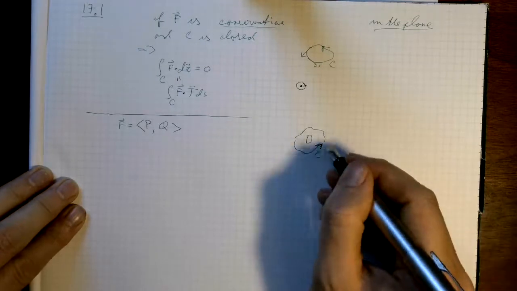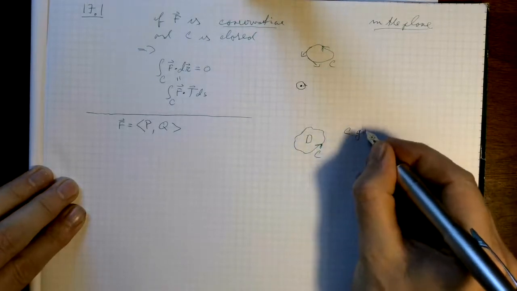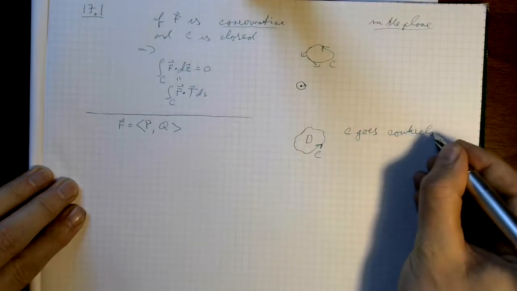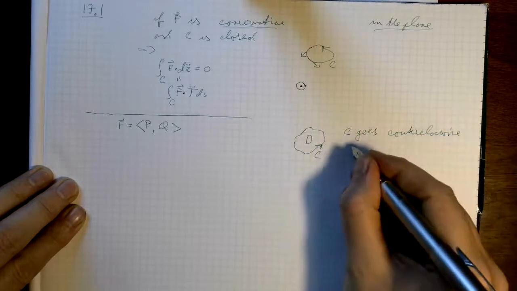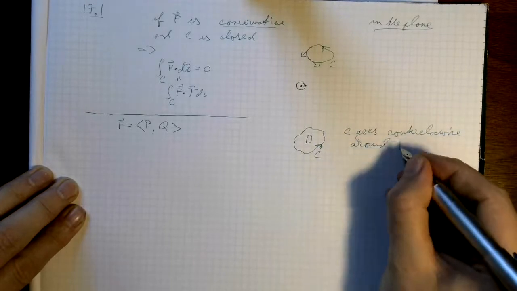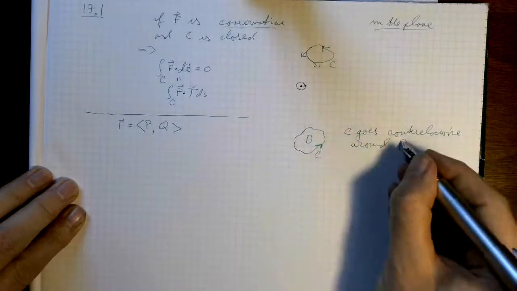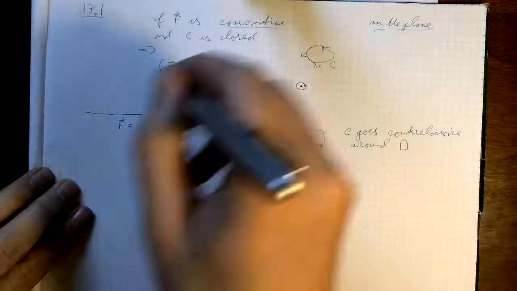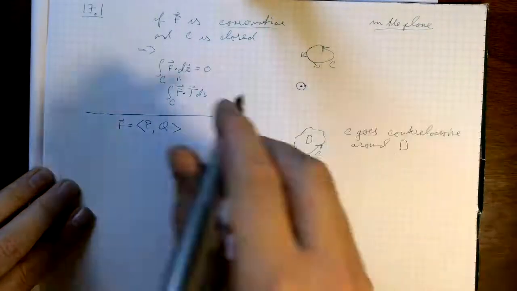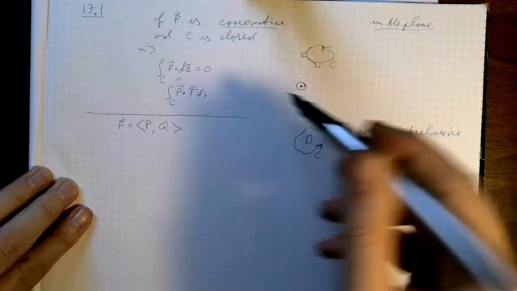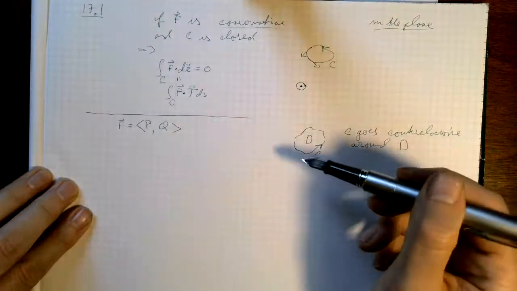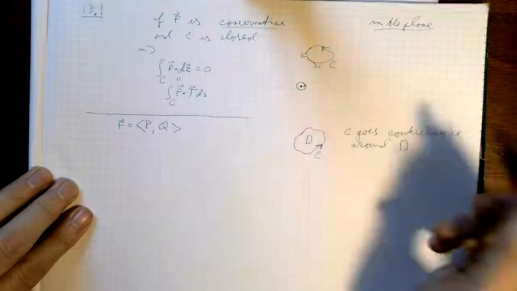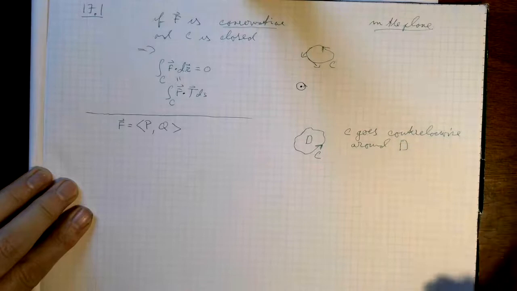So C goes counterclockwise around D. That's what we usually mean by positive orientation. It goes counterclockwise, just like if you go around the circle in the standard parameterization with sine and cosine, it's precisely this positive orientation.